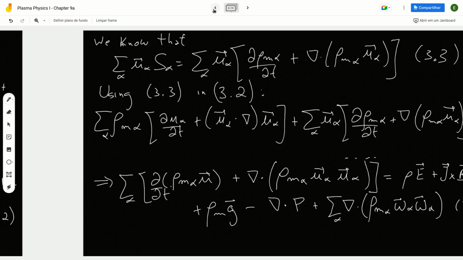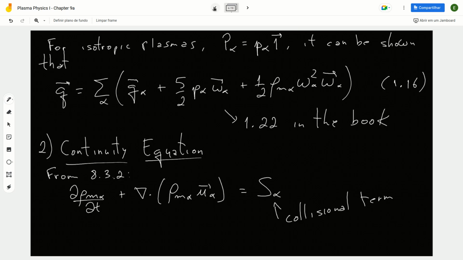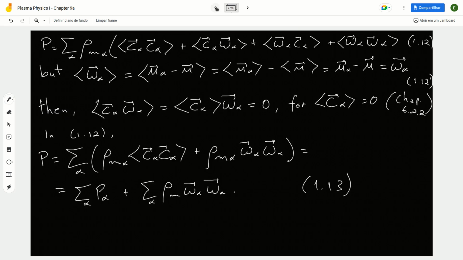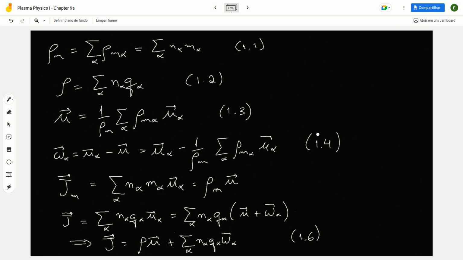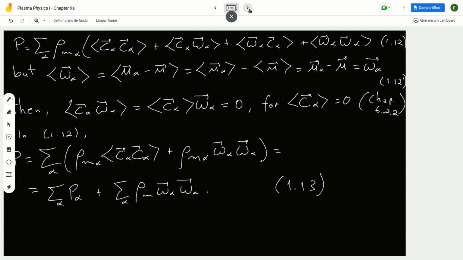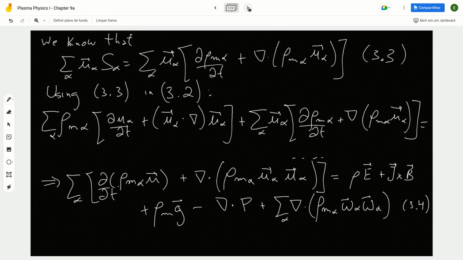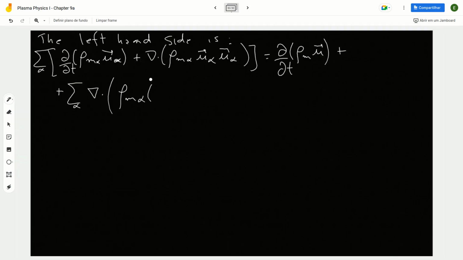Let's see, 1.4. So u alpha is omega alpha plus u (1.4).